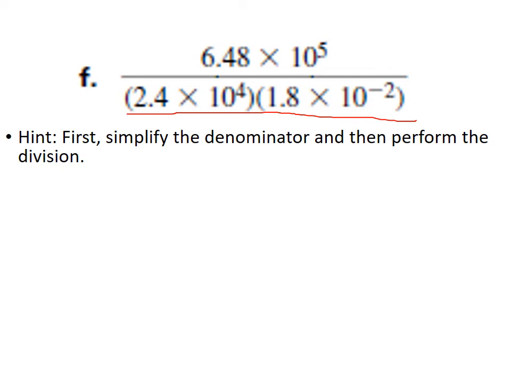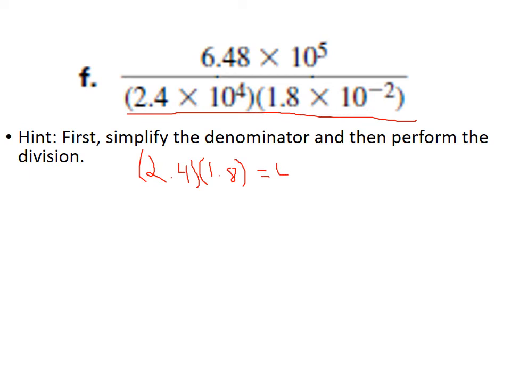But I'll start off by doing that little multiplication piece of 2.4 times 10 to the power of 4 multiplied by 1.8 times 10 to the power of negative 2. So I'm going to do the 2.4 part multiplied by 1.8, and there's two sig figs for each number, so we'll have two sig figs there.